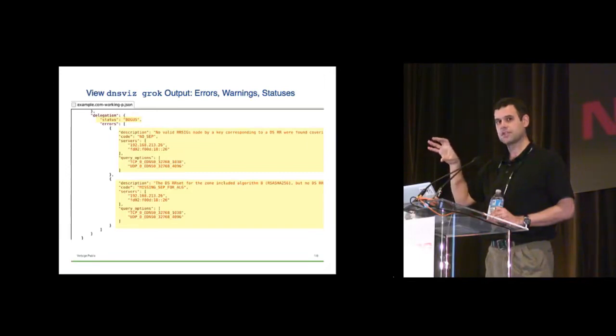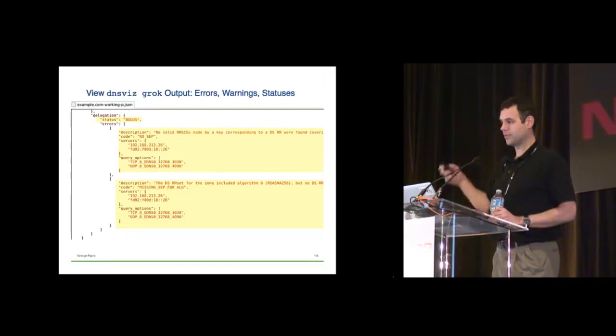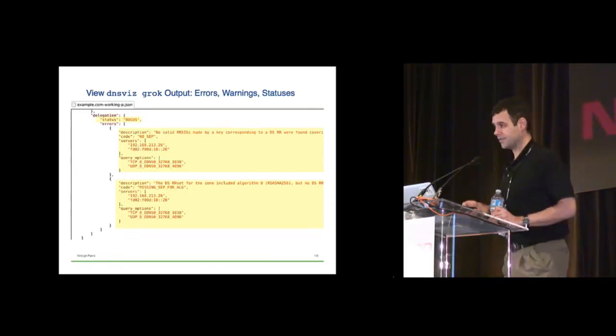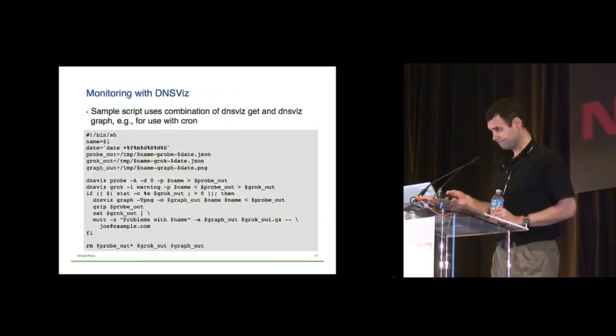So if you were to create some client software to extract this information and make it more useful, then you can do that. But this is showing you that the delegation between com and example.com is bogus, and here are the errors associated with it, why it was bogus. Again, those same errors that you were seeing about the signatures were not found for the DNS key corresponding to the DS record.